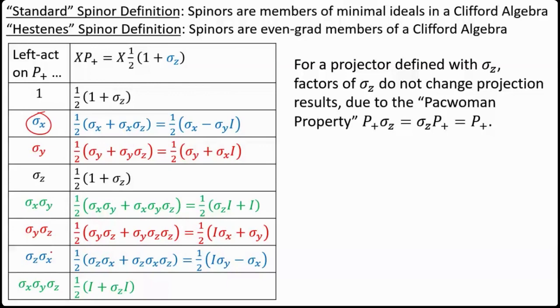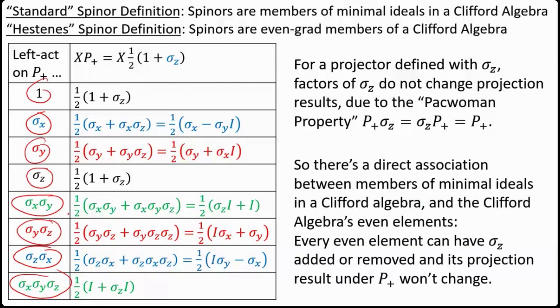So yeah, I tried to highlight the ones in blue project to the same result, the ones in green project to the same result, in the black they project to the same result, in red they project to the same result. So the reason why there's an association between these elements here and the projection results and the Clifford algebra's even elements.